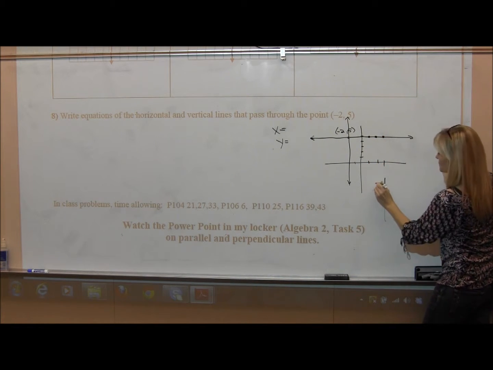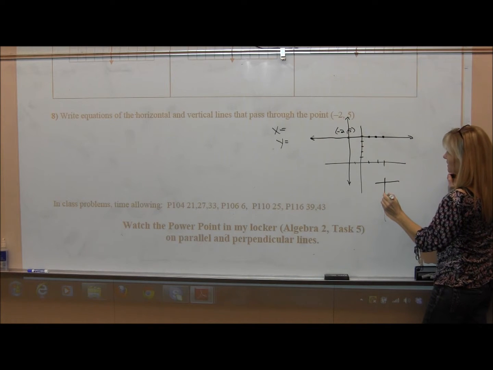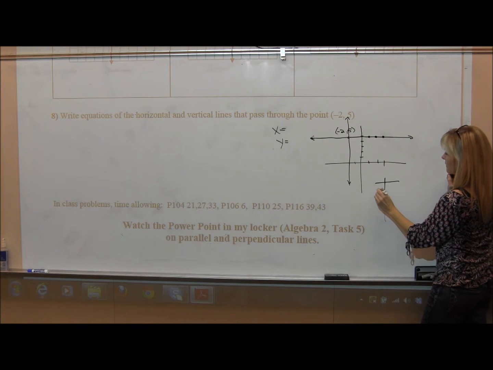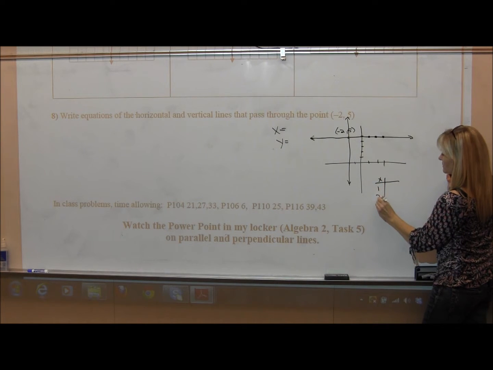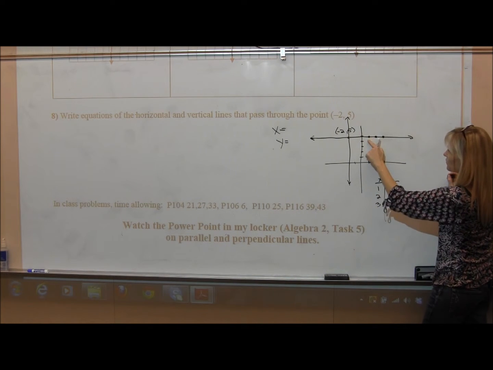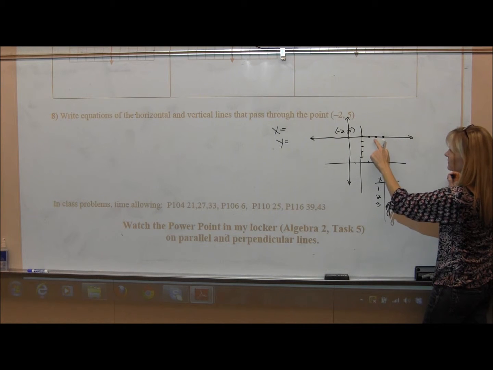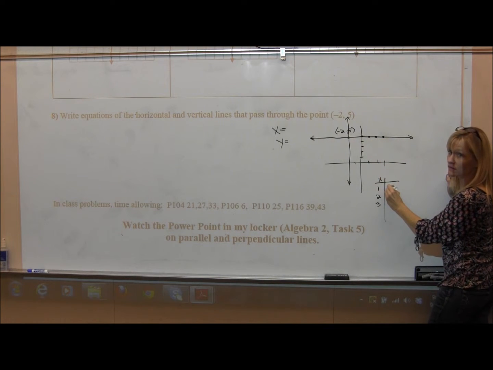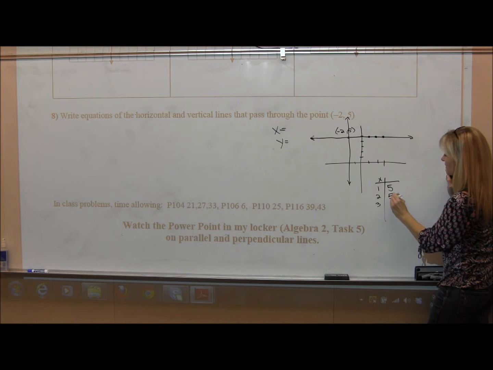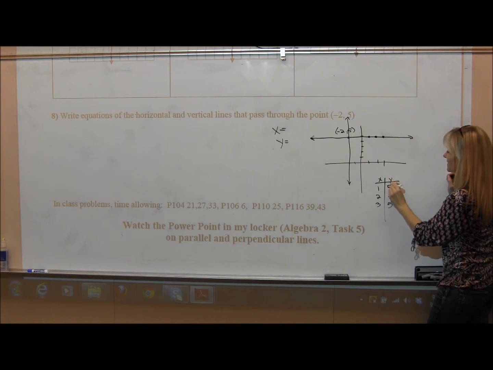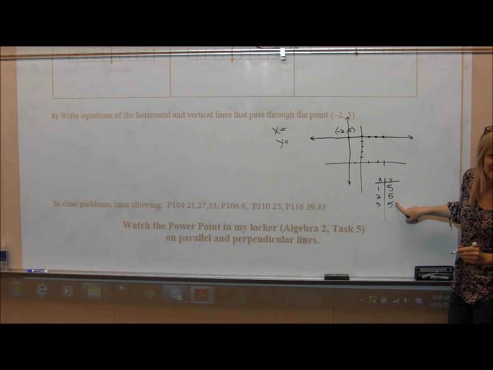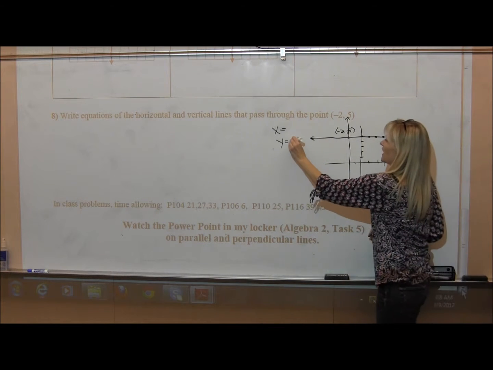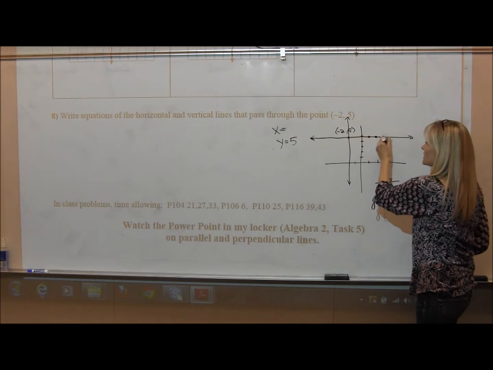So if you look at those points, here's x, 1, 2, 3. What's y in all of those? 5. 5. 5. Oh, then you can really see that the equation has to be y equals 5. It doesn't matter what x is. So y equals 5 is my horizontal line.